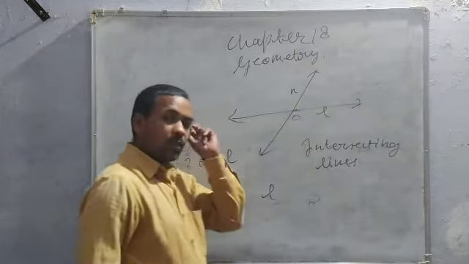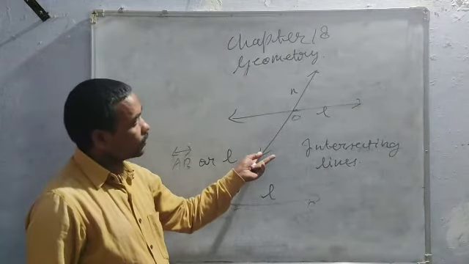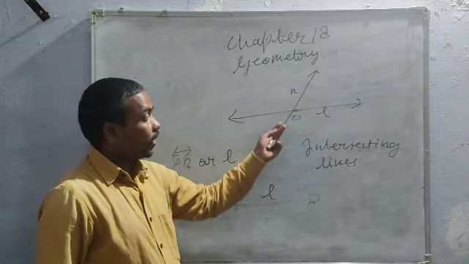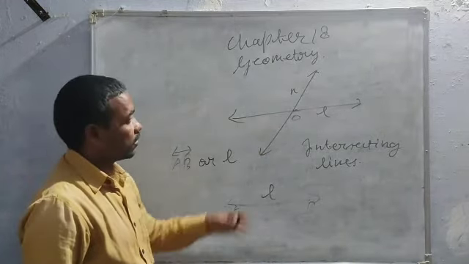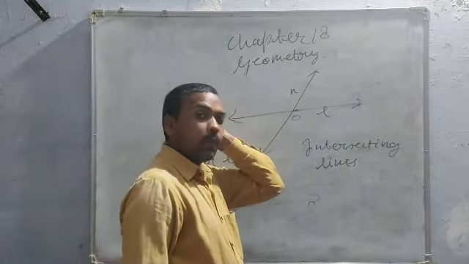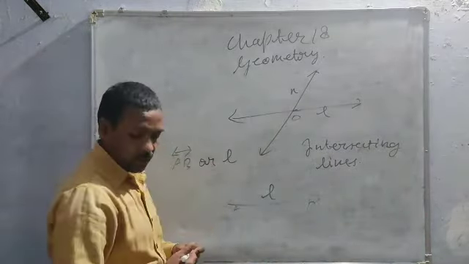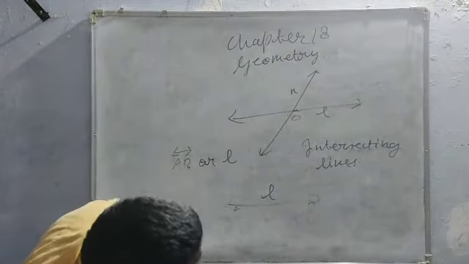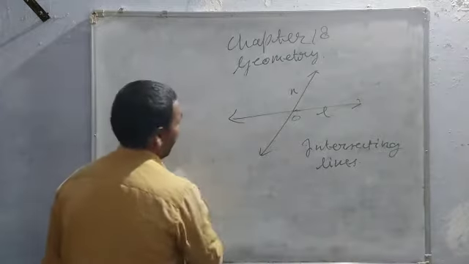And in your syllabus, two types of intersecting lines are given. When lines intersect at 90 degrees, they are known as perpendicular lines. If the angle between two intersecting lines is 90 degrees, they are known as perpendicular lines.